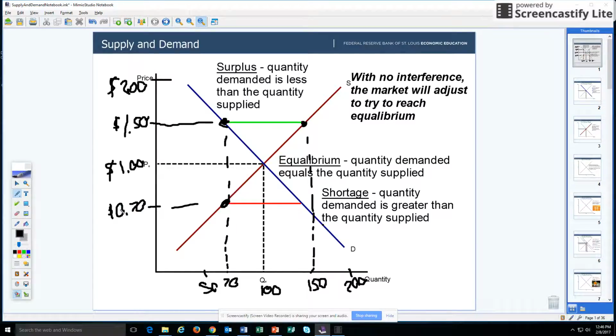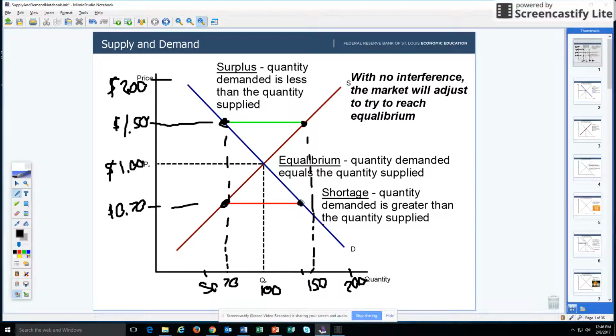At this price, our suppliers are only wanting to supply 70 donuts because this is our supply line right here. So for 70 cents, our supplier wants to sell 70 donuts. But our demand, which is over here because this is our demand line, is approximately 140.